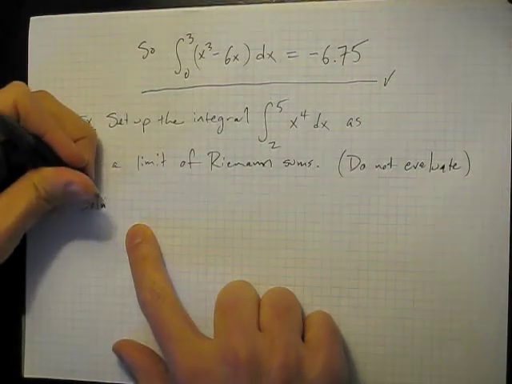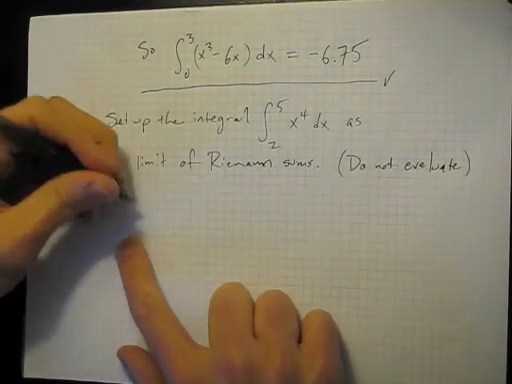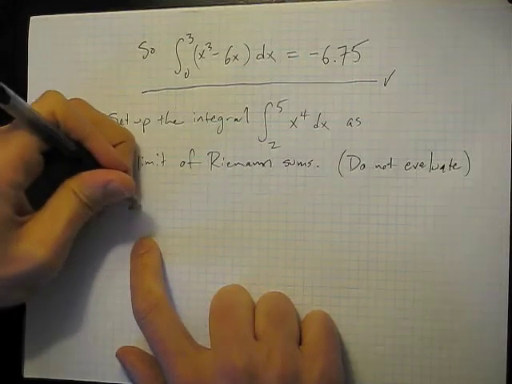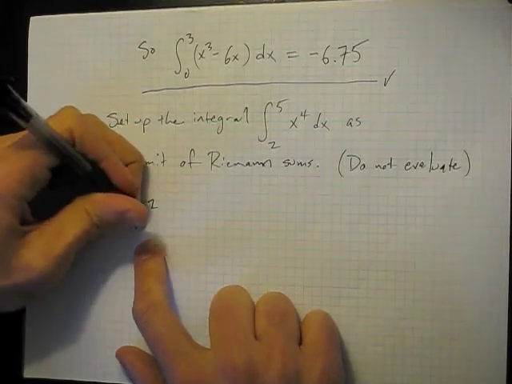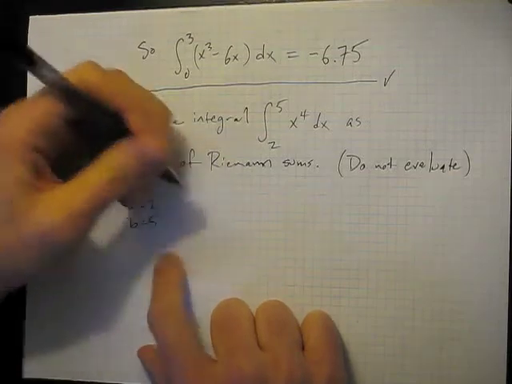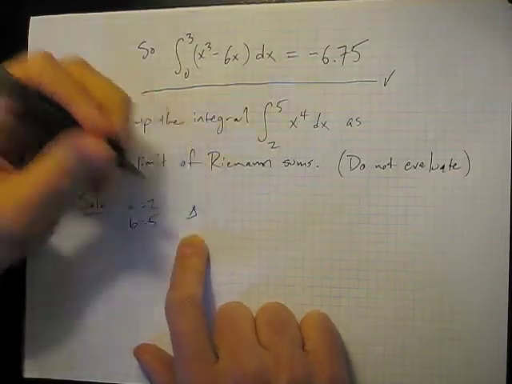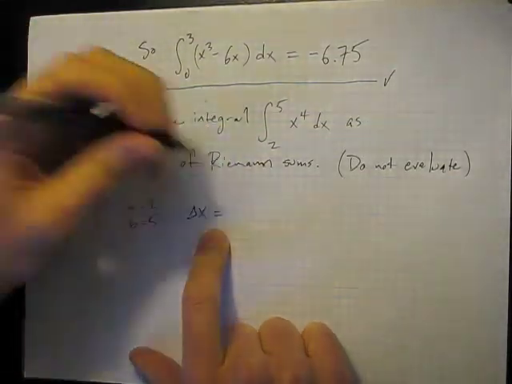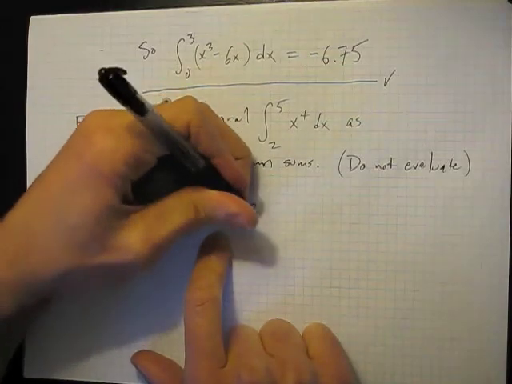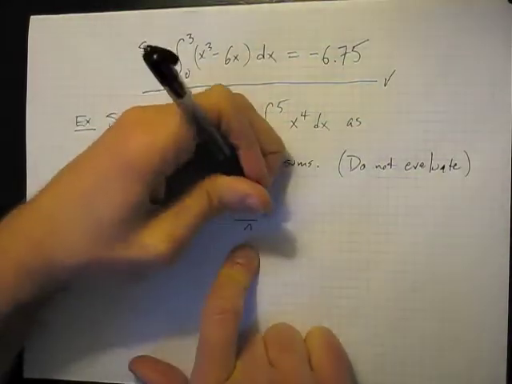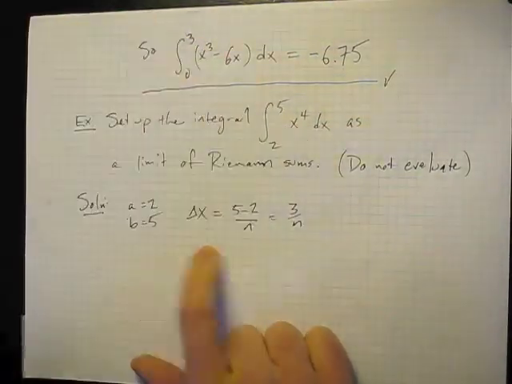The solution here is, well, we have a is equal to 2, b is equal to 5, and so that means that our delta x, our increment for this, will be 5 minus 2 divided by n, so that is 3 over n.